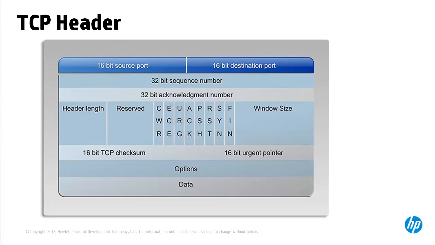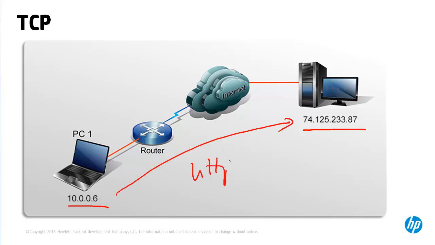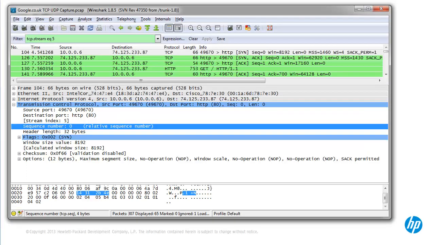So to help with the explanation of the TCP header, I have captured traffic from my PC with IP address 10.0.0.6 to google.co.uk, IP address 74.125.233.87. So I initiated an HTTP session from my PC to Google, and I've captured that in Wireshark.